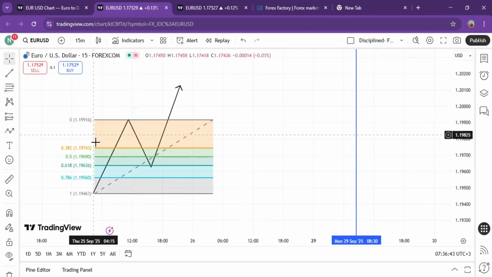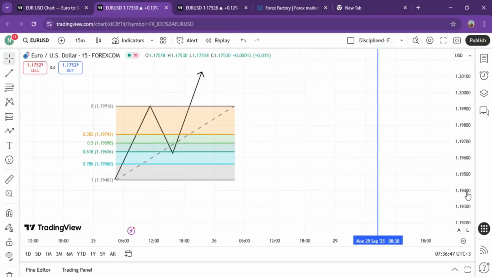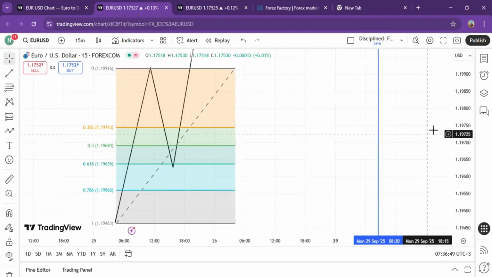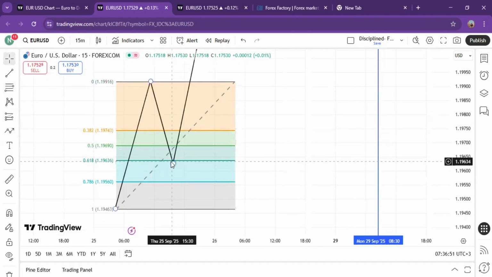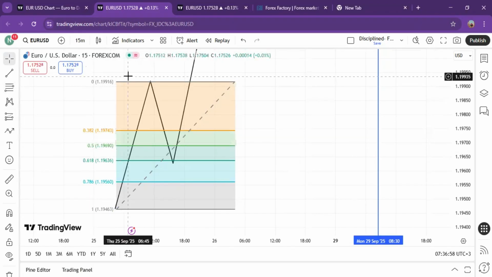So we have our Fibonacci retracement tool, and it has different levels. From 0 to 0.5 and above, this is the premium zone.